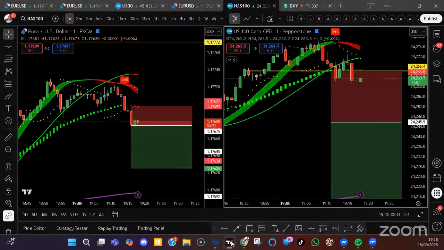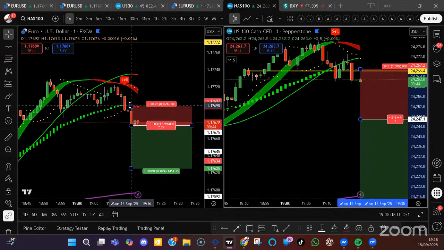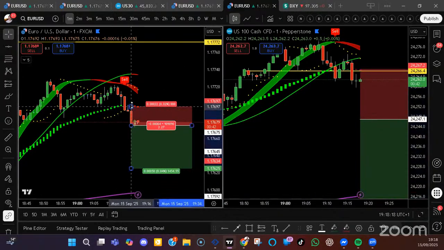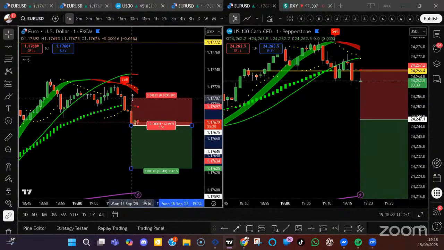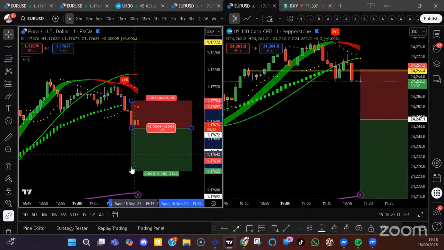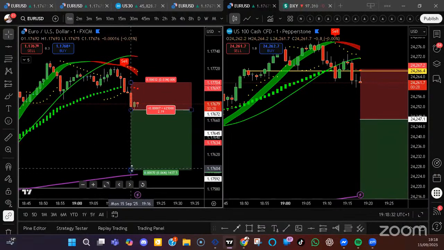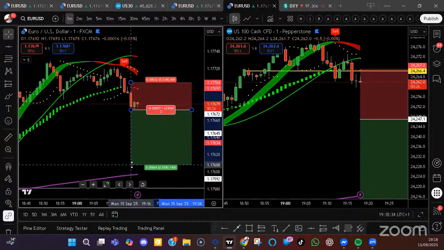Let's just put that on. This is the NAS100, or paper trade this whenever we ever do get down there. So 3.2 pips. So that's 3.2 pips. My 2% is down to there.